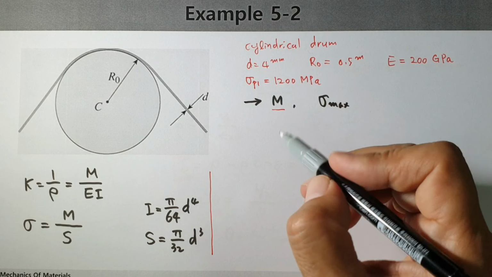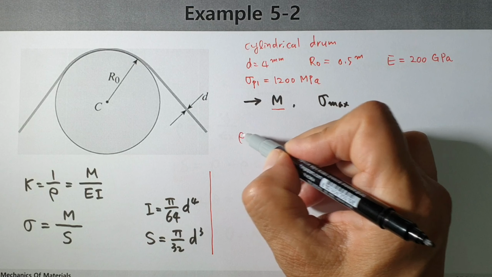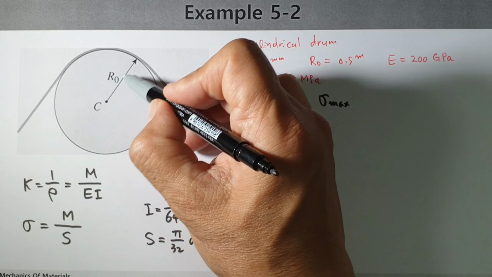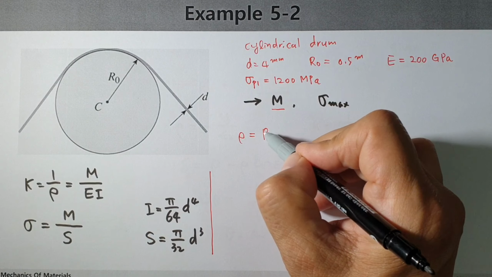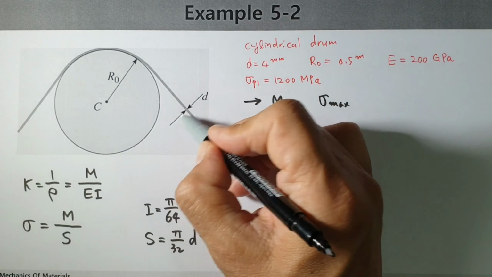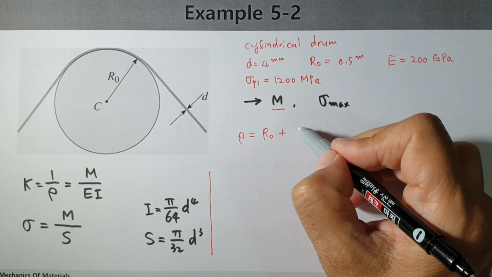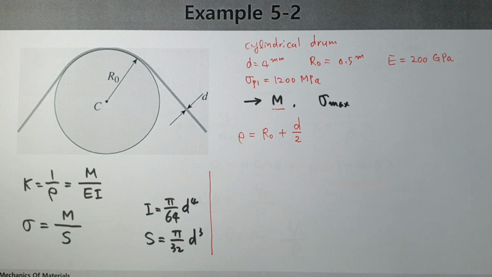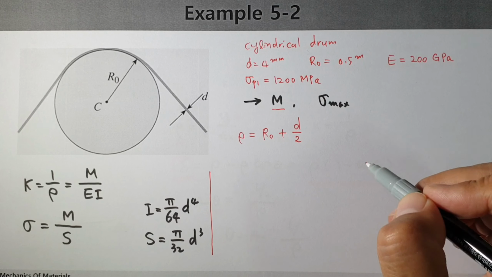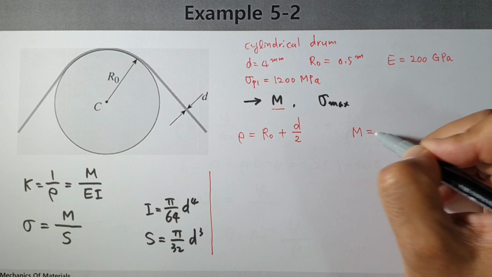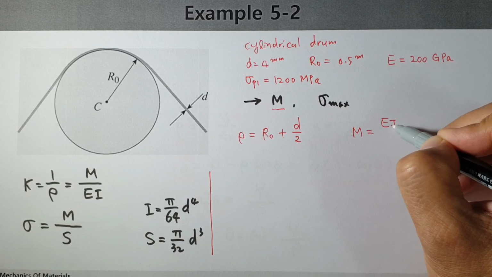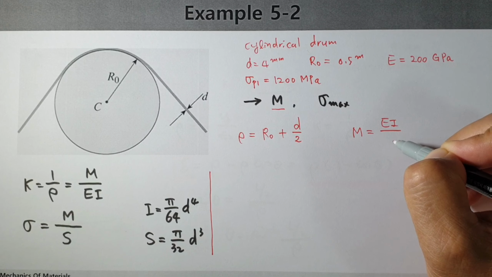Then in order to find the rho value, when you think about this, radius r0 plus half diameter is considered. This one is rho. Then we can calculate M, moment, M equals EI over rho.